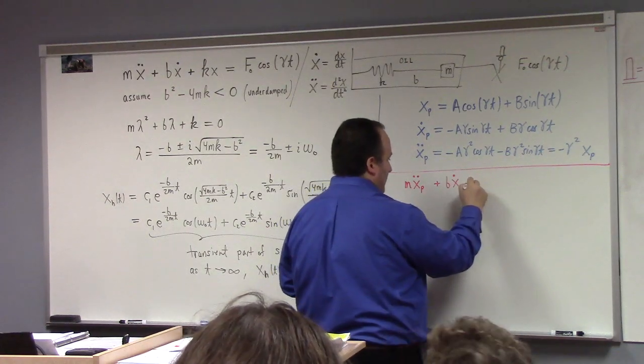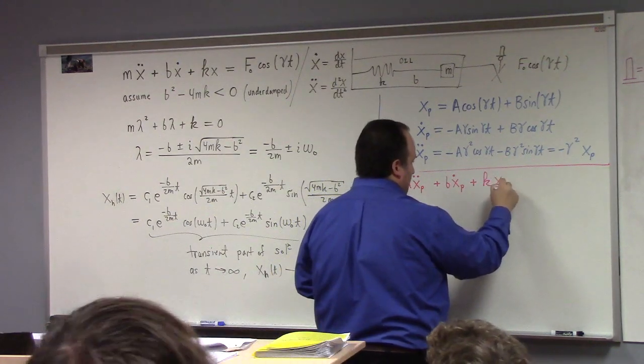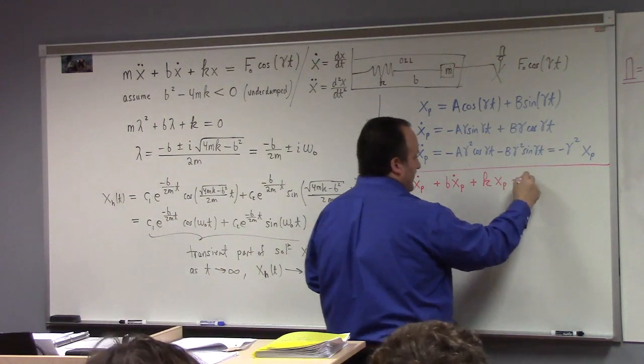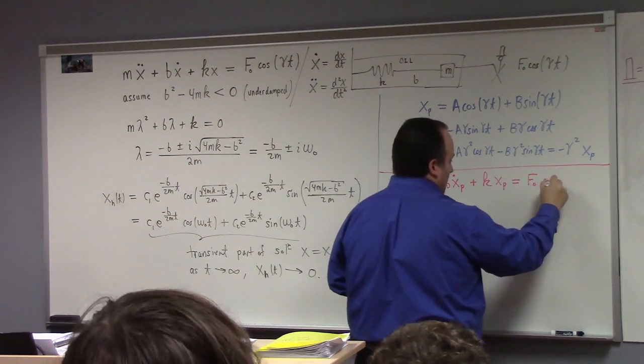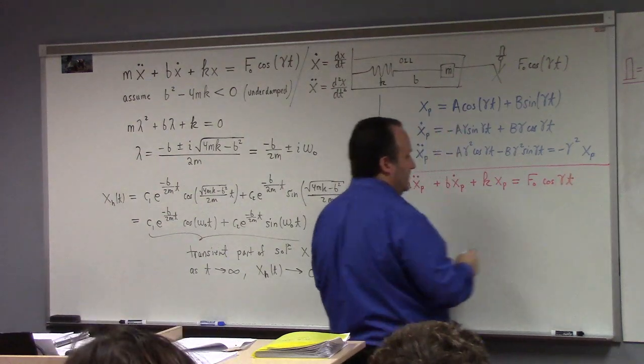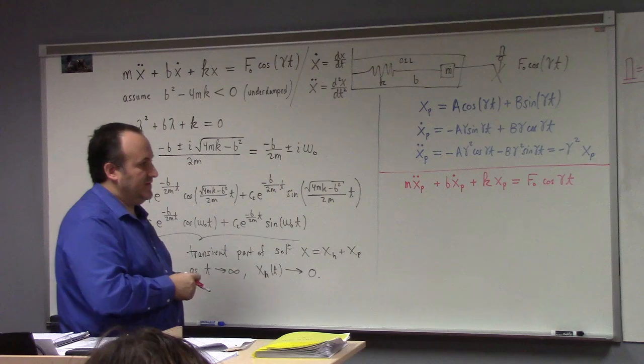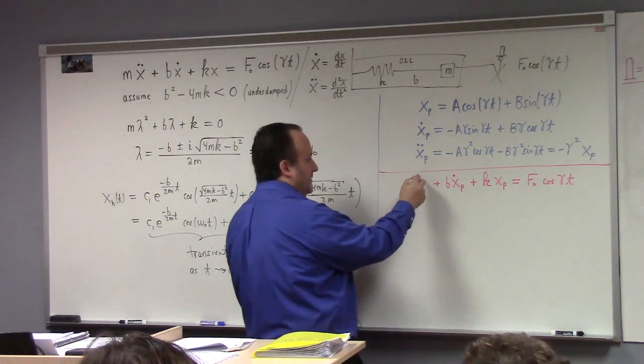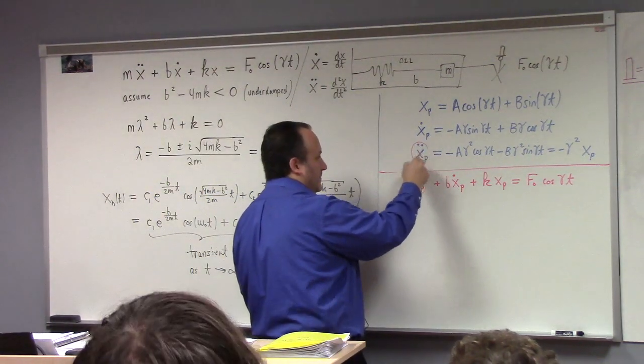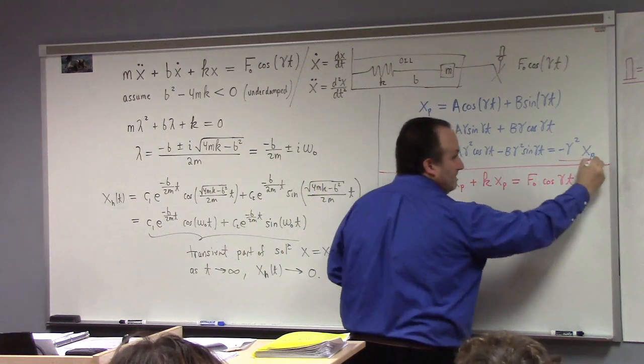So now, m xp double dot plus b xp dot plus k xp equals f naught cosine gamma t. I can look at that and notice that this xp double dot is simply that.